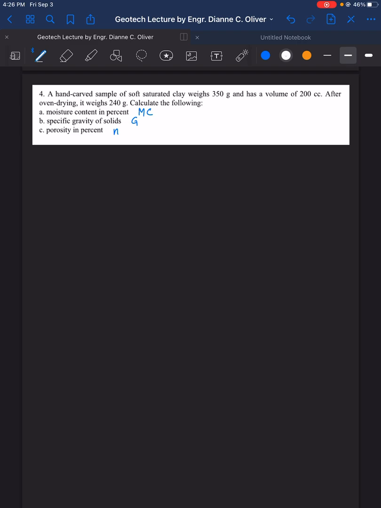Alright, so what do we have here as given? A sample of soft saturated clay. Saturated, S is equal to 1. And the weight here of saturated clay is 350 grams. The sentence says weighs, but it's mass here. So 350 grams, and the volume is 200 cubic centimeters, cc.